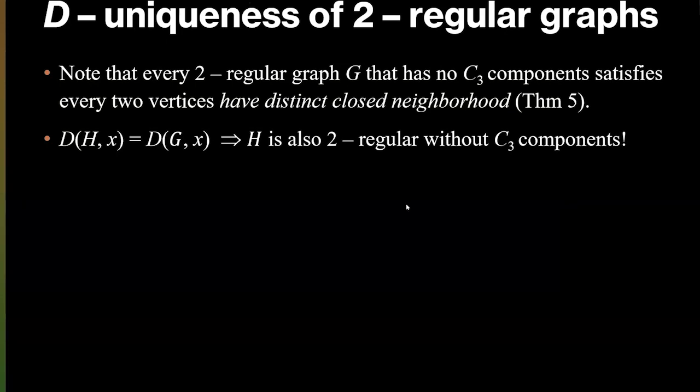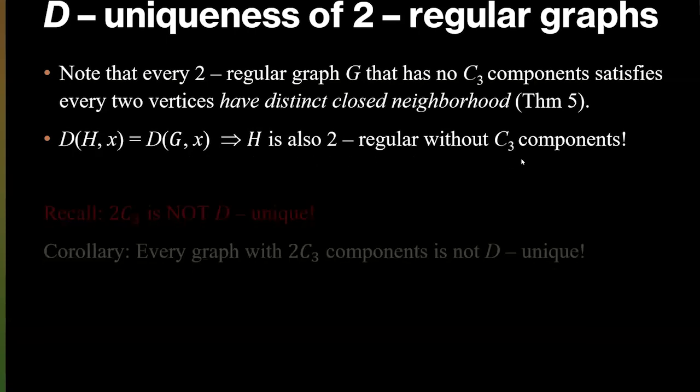In fact, every 2 regular graph G that has no C3 component satisfies that every 2 vertices have distinct closed neighborhoods, by the theorem we found. So what does that mean? That means that if G is such a graph, and H has the same domination polynomial as G, then H is also a 2 regular graph without C3 components.